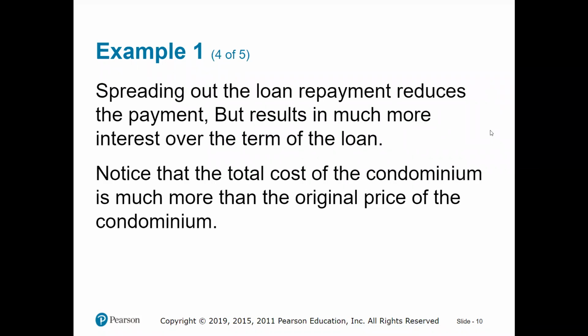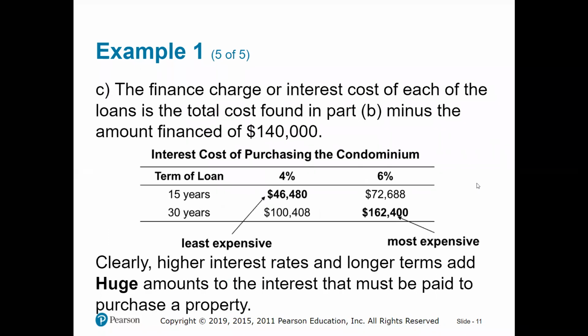All right. Spreading out the loan repayment reduces the payment, but results in much higher interest over the term of the loan. Notice that the total cost of the condominium is much more than the original price of the condominium. The finance charge of the interest cost of each of the loans is the total cost found in Part B minus the amount financed of $140.